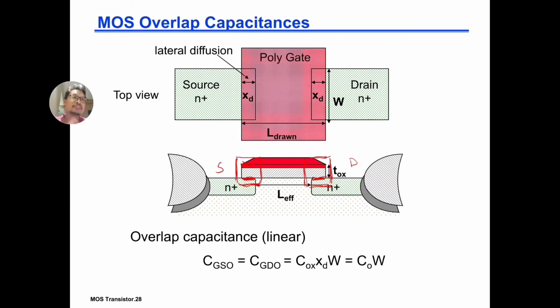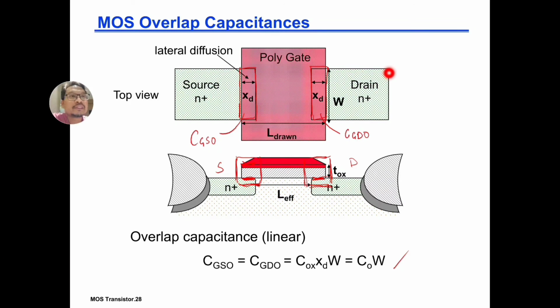All right, so how do we model that? If you measure from the top, this is called the capacitance gate to source overlap, and here is the capacitance gate to drain overlap, and it's given by this equation.